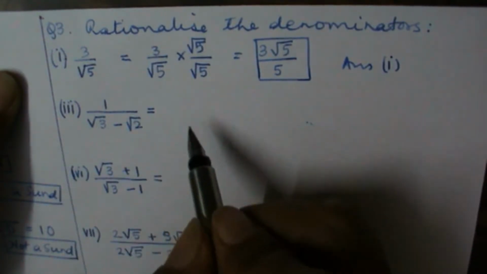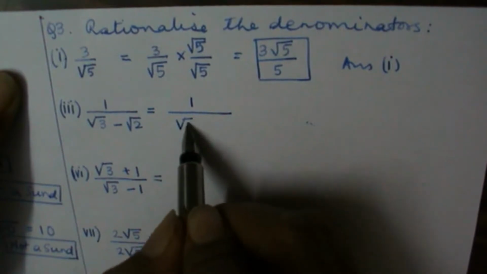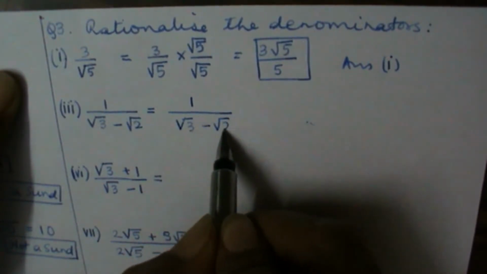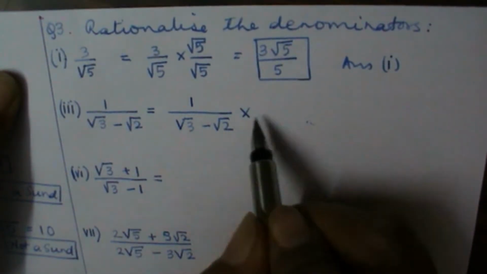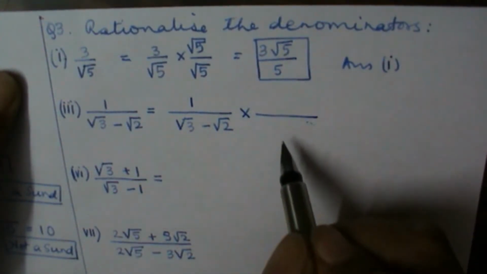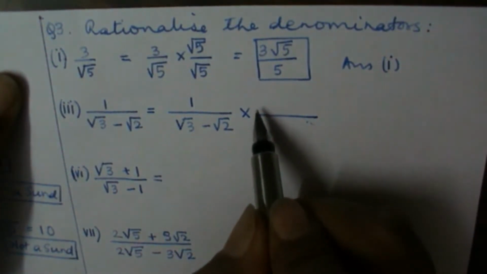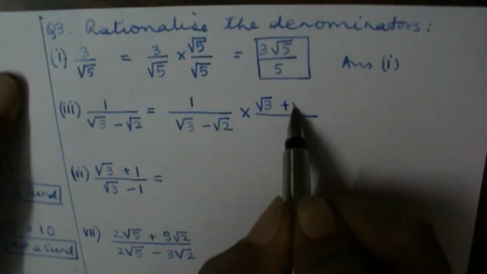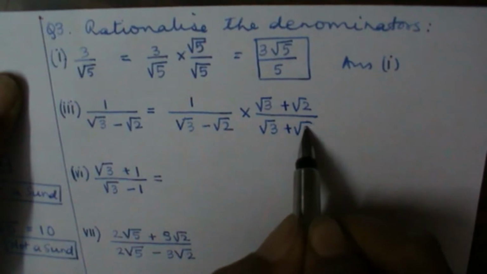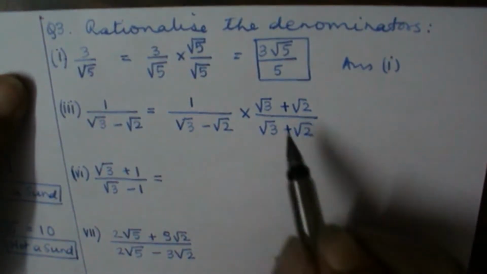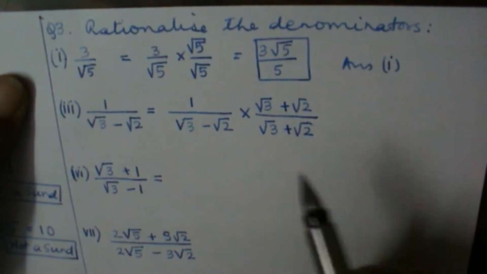We come to the third one. Now, out here, a given fraction is 1 upon root 3 minus root 2. And so, you will again multiply and divide by the rationalizing factor of this. So, it will have to be root 3 plus root 2 in the numerator and denominator.